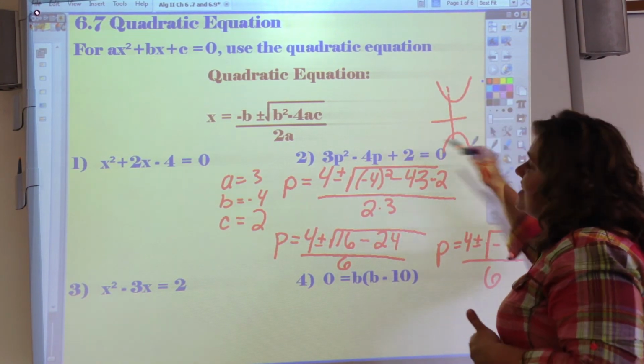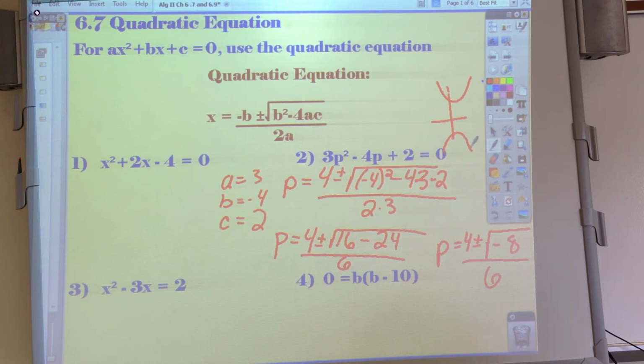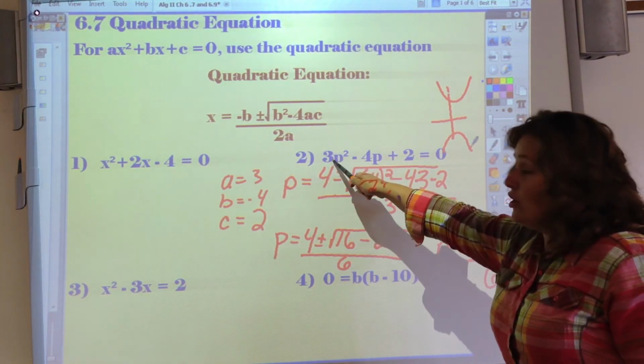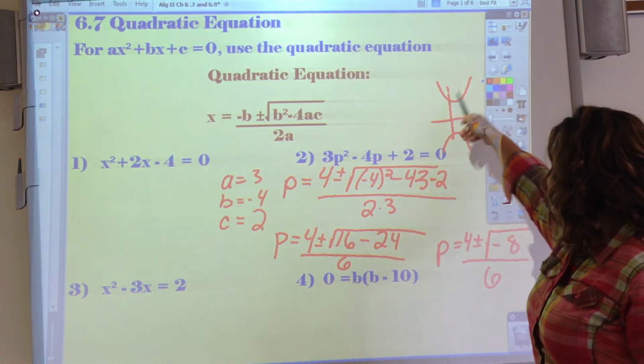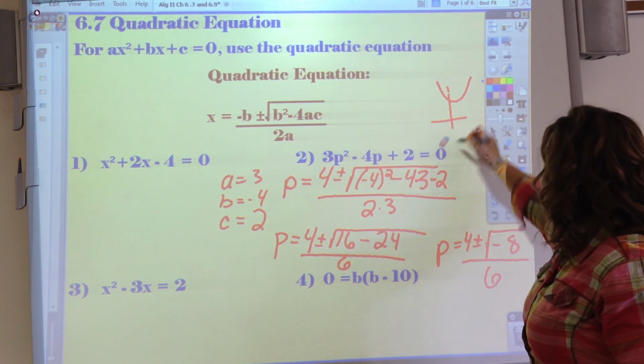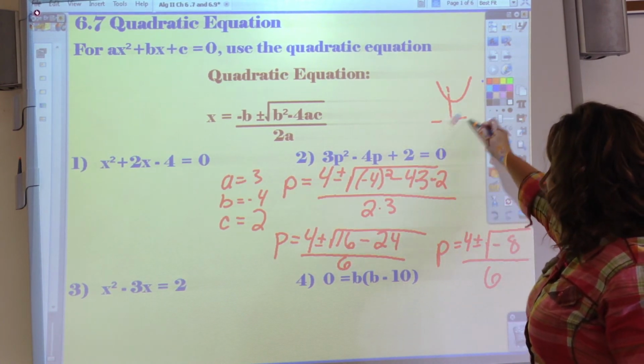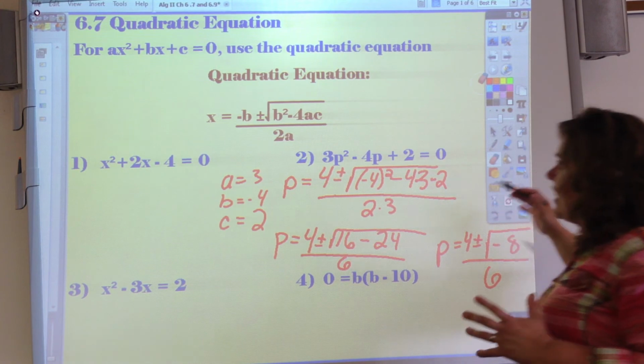It doesn't cross the x-axis. So whenever you end up with a quadratic equation with no real solutions, that means that graphically it never crosses the x-axis. Since my leading coefficient here is +3, I know it would have to be up here.